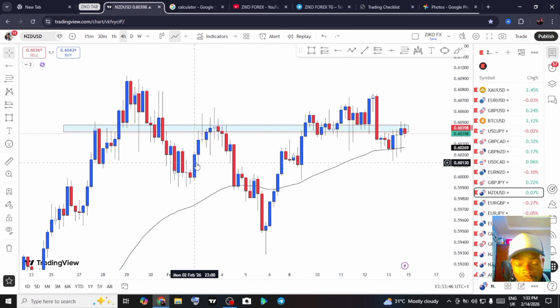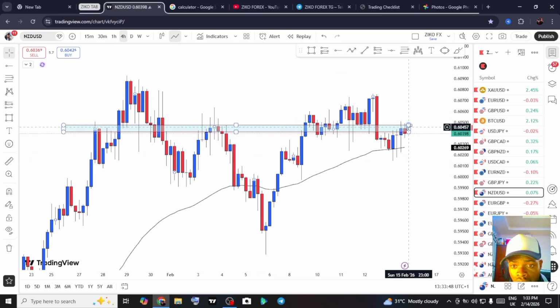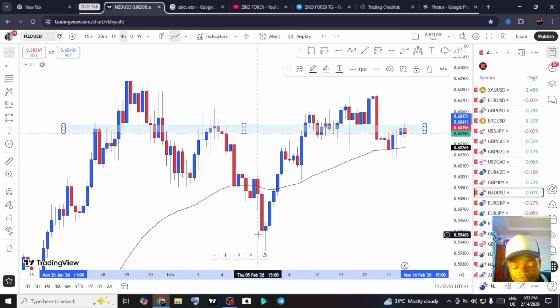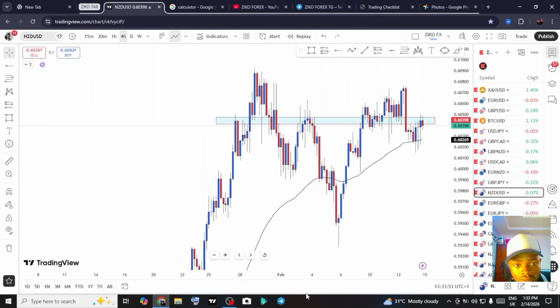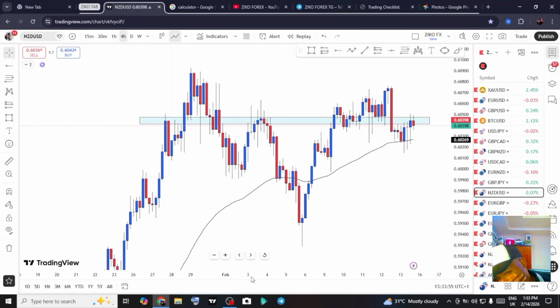Four-hour time frame might actually just be bearish, or it is bearish right now. Just give me a second. Let me make a decision about this market. So this time frame is bearish. Daily is what?